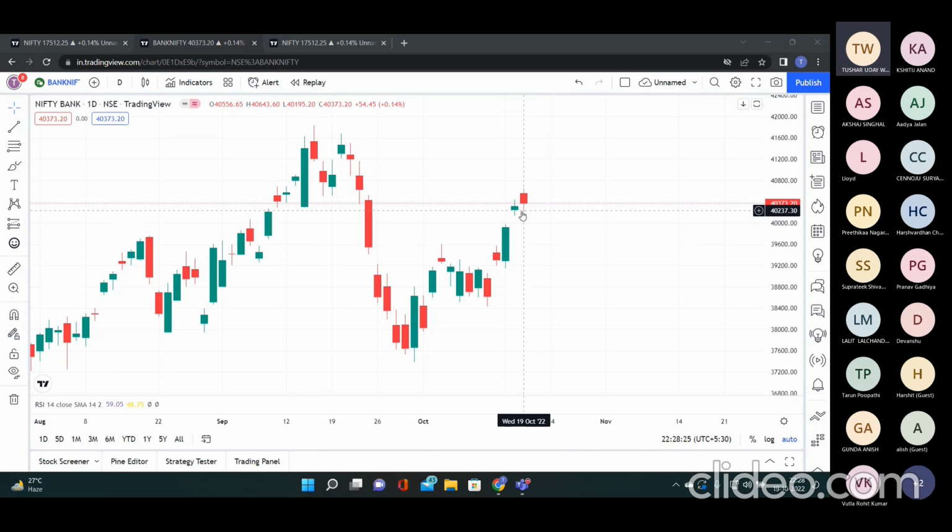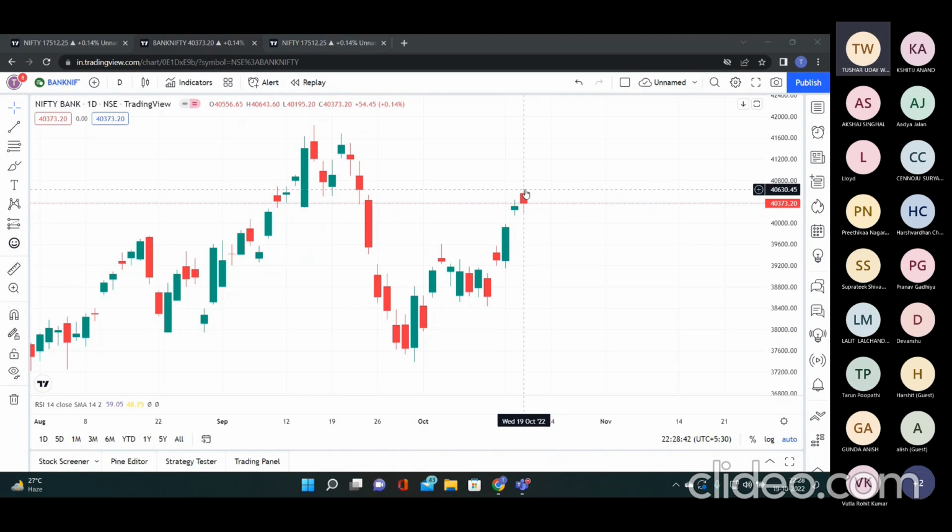Say, for example, let's see this candlestick. On 19 October 2022, this Bank Nifty opened at 40,197. So this point gives us the opening of the candlestick.